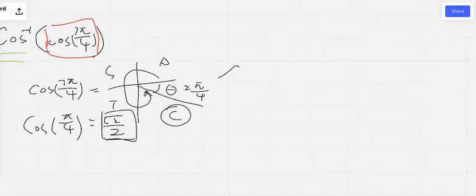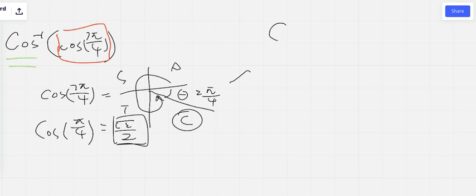And now we can expand this question into cosine inverse of root 2 over 2. What is it? What is cosine of what is equal to root 2 over 2?